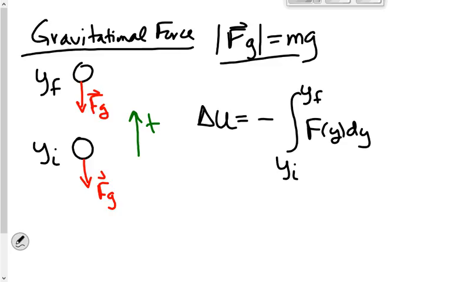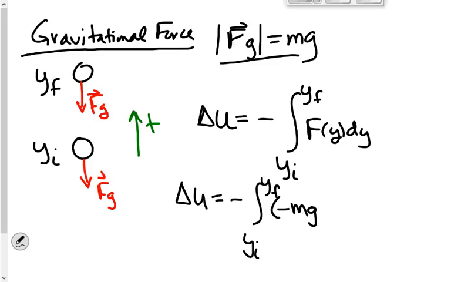But which way does Fg point? Down. So Fg is going to be in the negative direction. So really my delta U is going to be the negative of the integral from y initial to y final of negative mg dy.